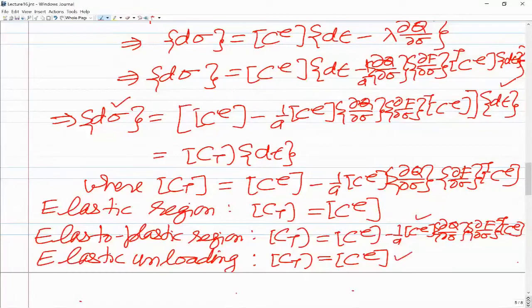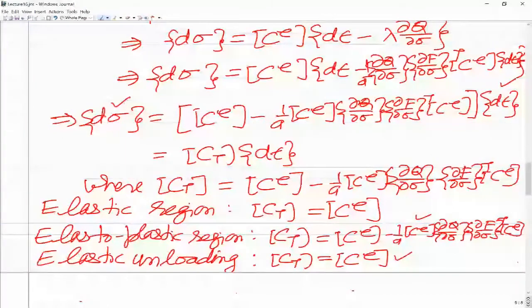Now we want to look at the interpretation of this term lambda, the proportionality constant in the flow rule, and how it is related to the incremental strains, and we also want to define the equivalent incremental plastic strain. Those are some of the things we want to look at.